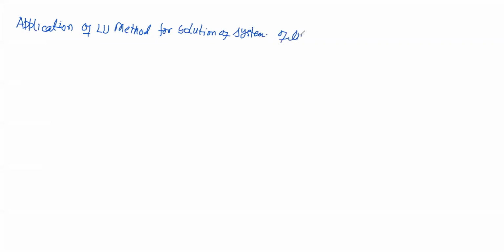Okay, so application of the LU method for the solution of a system of linear equations.